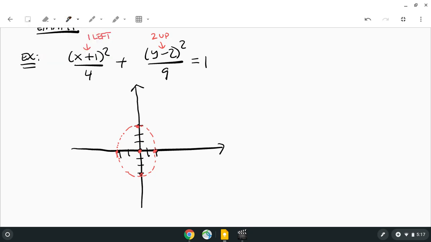Everything's going to shift 1 left, 2 up. I'll start with this one over here: 1 left and 2 up, so it's going to go right here. This one, 1 left and 2 up.